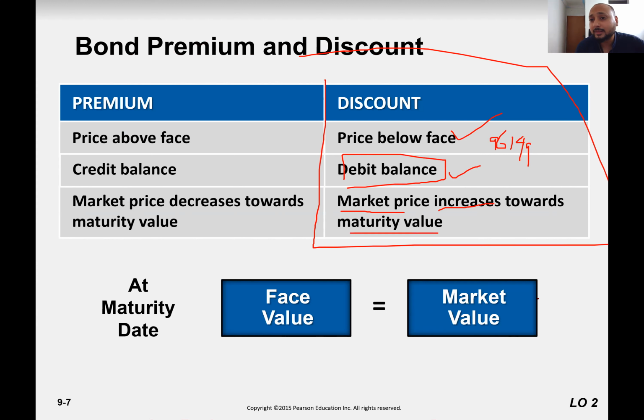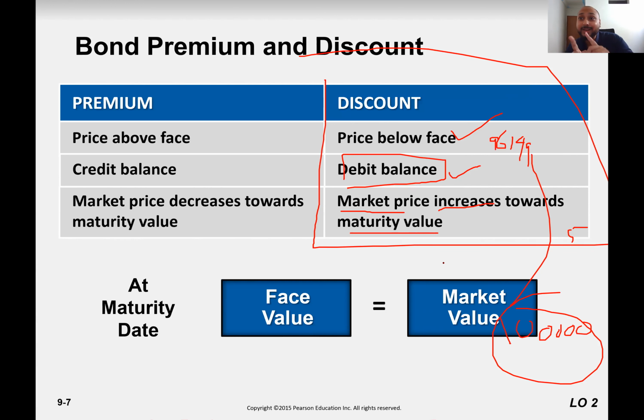So this 96,000 after 5 years will go to 100,000. It means on our balance sheet side, bond payable price started to increase, because after 5 years, bond payable must be increased to 100,000.